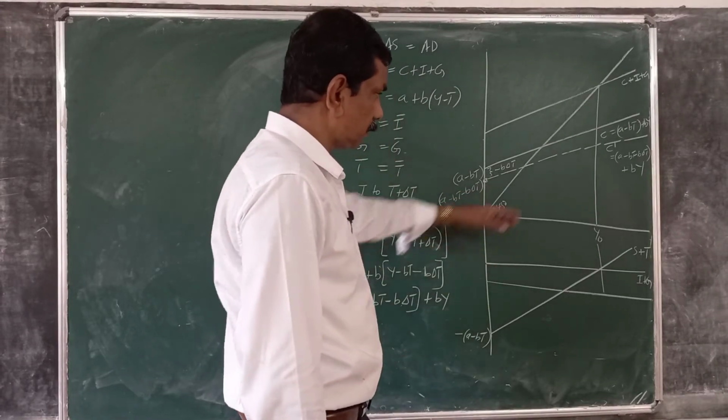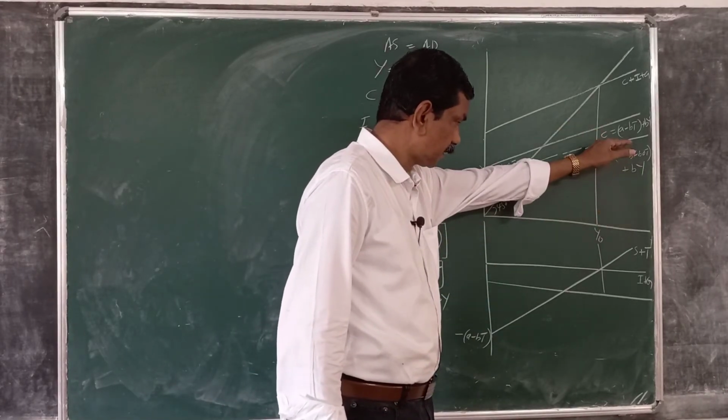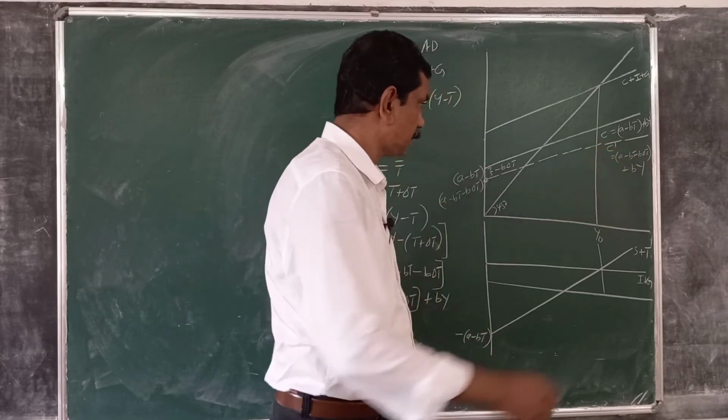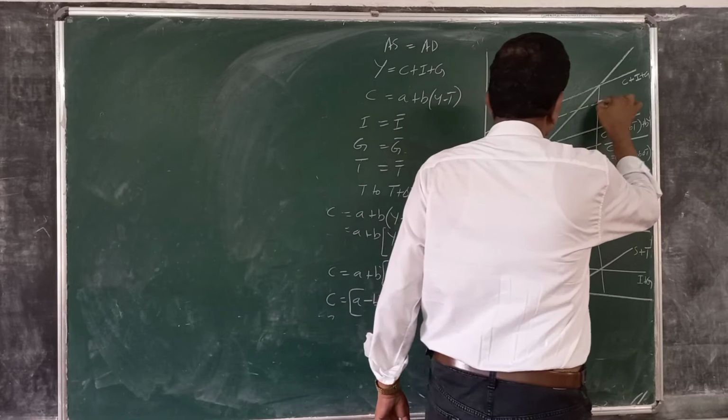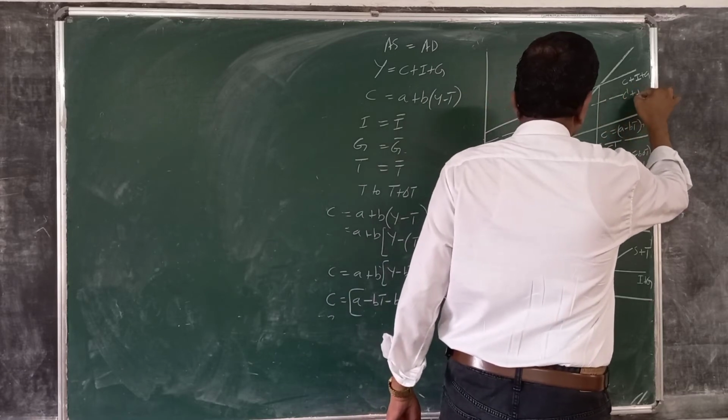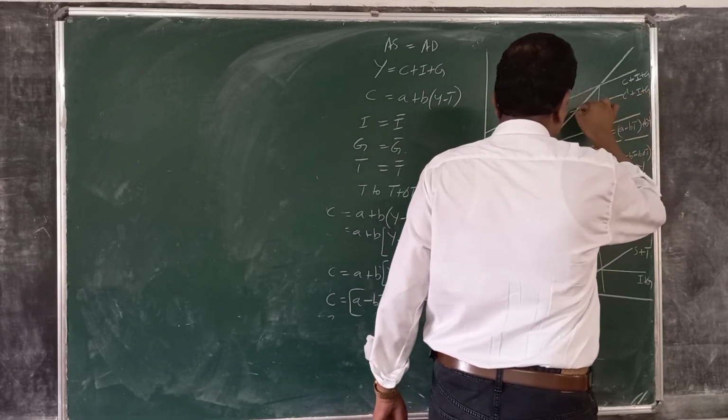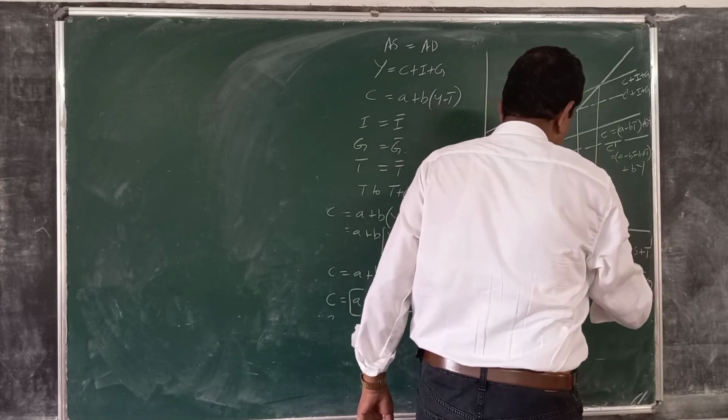As a result of the downward shift in the consumption function, the aggregate spending function also shifts downwards as C dash plus I plus G. So the new equilibrium level of income is Y1.